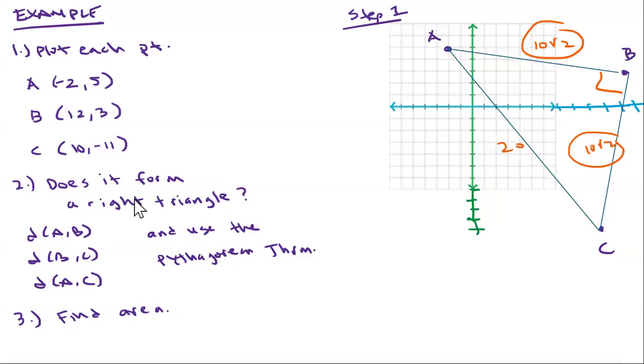Just to recap, what we wanted to do in this example is to show whether this triangle is a right triangle. The first step was to plot each point and then form our triangle. The next step is to calculate the distance of each side of the triangle, and we do that by using the distance formula.